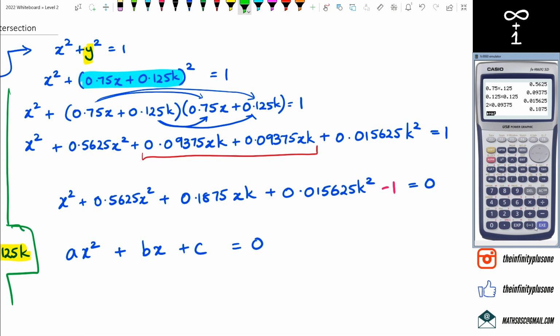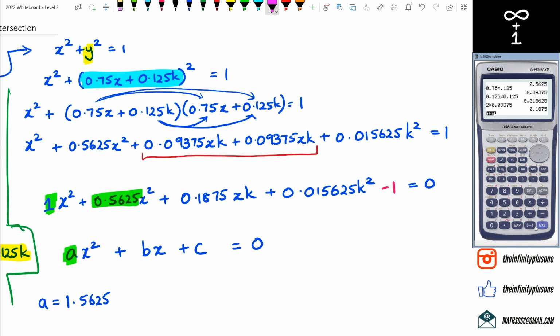So let's see what the coefficients of x squared are. We've got a coefficient of x squared which is equal to 1, and then we've got 0.5625. So straight away I could write down that a is equal to 1.5625. Now remember, this is actually 1x squared. That's where that 1.5625 is coming from.